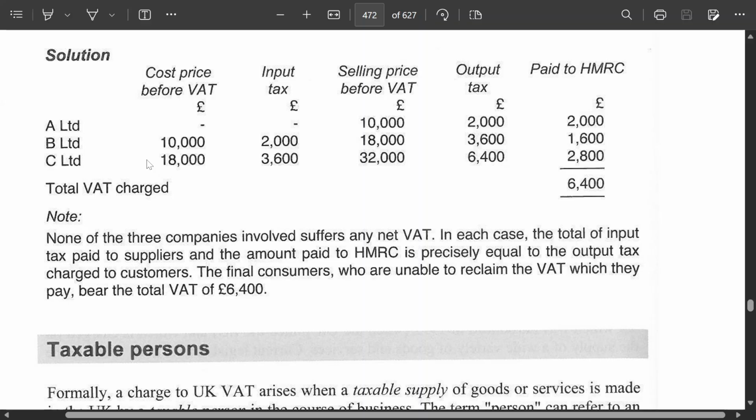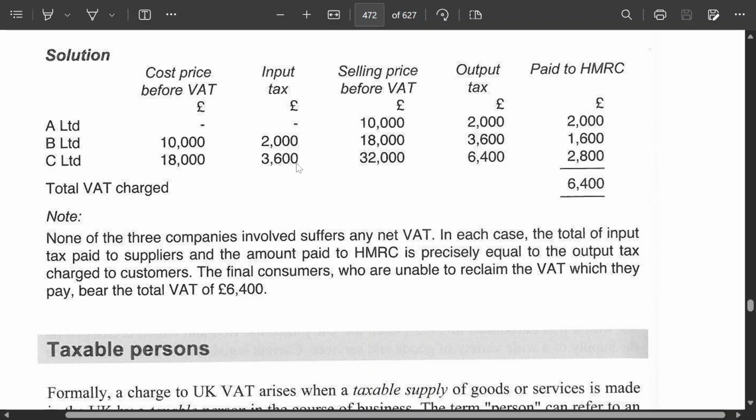So B and C are intermediate consumers. Finally, C will sell it to somebody for 32K plus VAT. That's the final consumer. Whoever is the final consumer, there is the final consumption, okay?